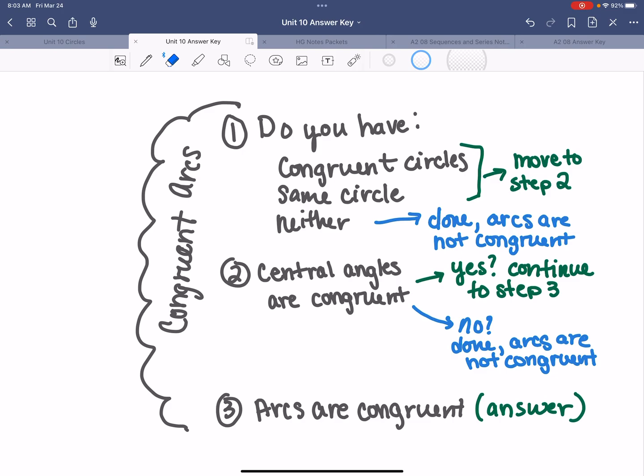Yes, then continue to step 3 and you'll get your answer. No, then the arcs are not congruent, because we have to prove I'm either in the same circle or I have congruent circles first, and then we have to make sure those central angles are congruent, because that's what our definition tells us to do. Then finally, if all of the previous ones are yeses, then the arcs are congruent.